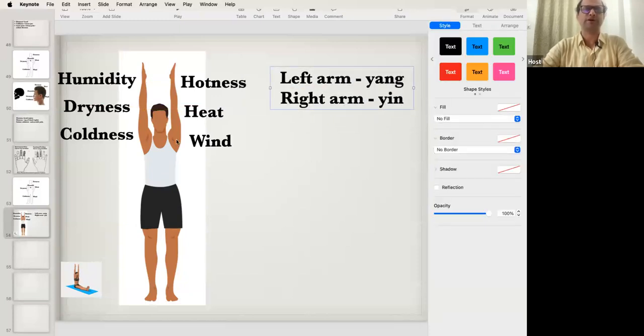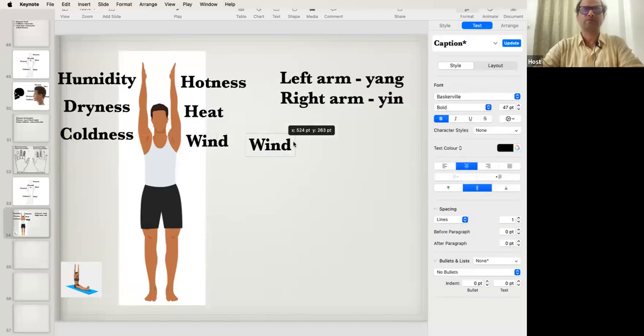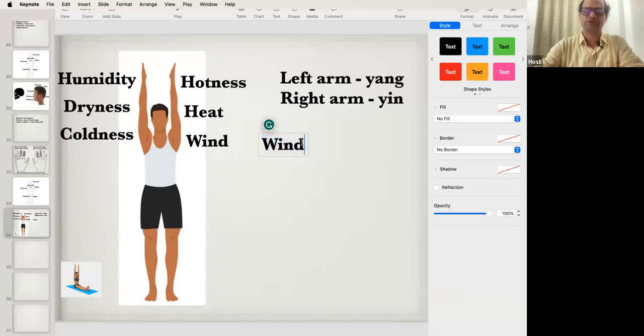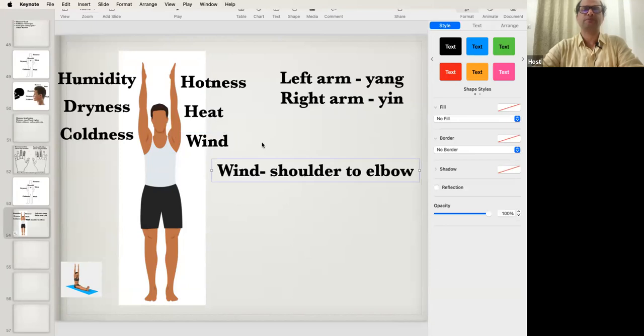The left arm is yang. So we are starting from your wind. What is the meaning of wind? The meaning of wind is arm from shoulder to elbow. Got it? This is the wind.